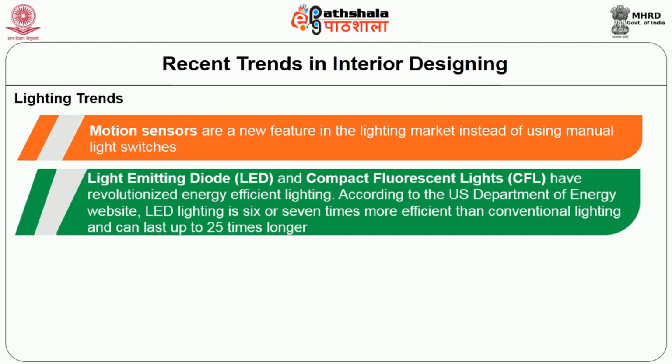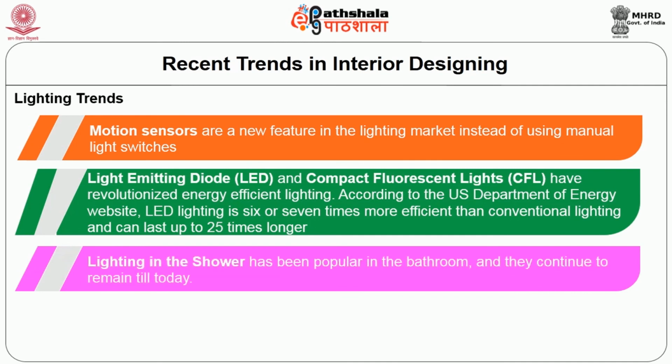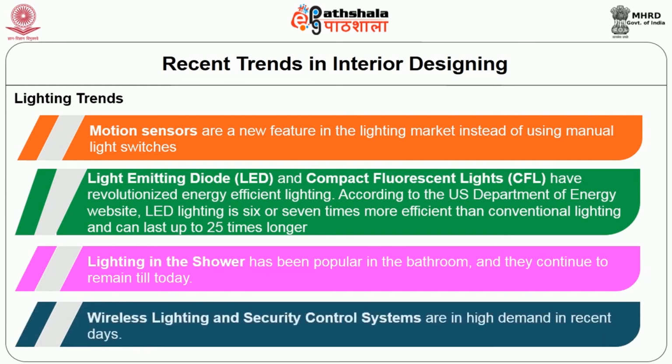According to the US Department of Energy website, light emitting diode lighting is 6 or 7 times more efficient than conventional lighting and it can last up to 25 times longer. Lighting in the shower has been popular in the bathroom and continues to remain so till today. Wireless lighting and security control systems are in high demand in recent days.